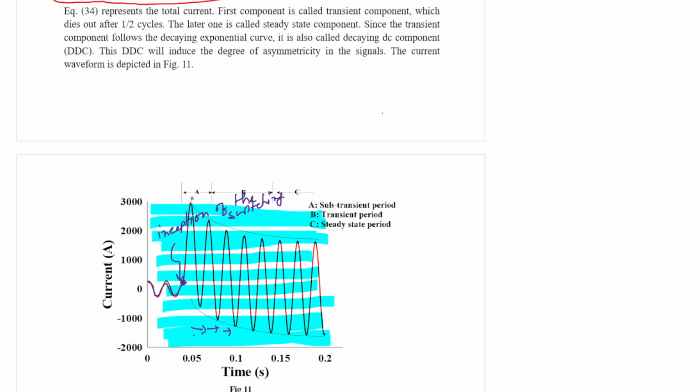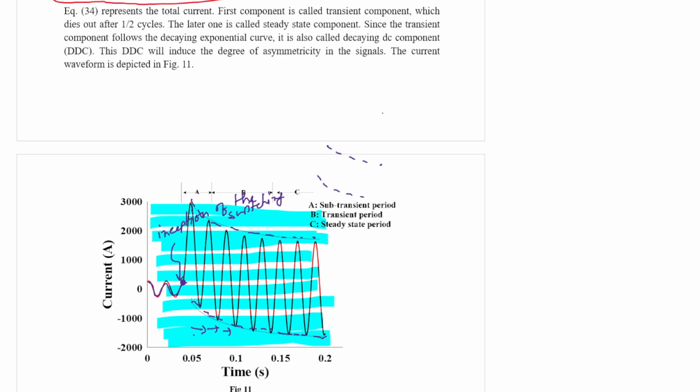So basically this envelope is determined by this transient factor i_t, k into e to the power minus t by tau, and this sinusoidal response is determined by the steady state response.